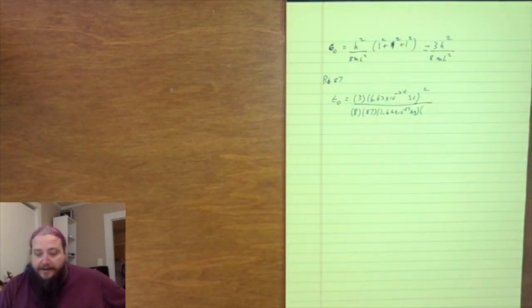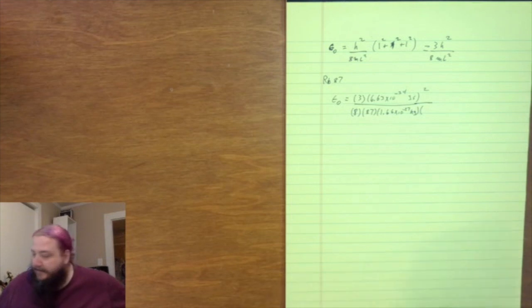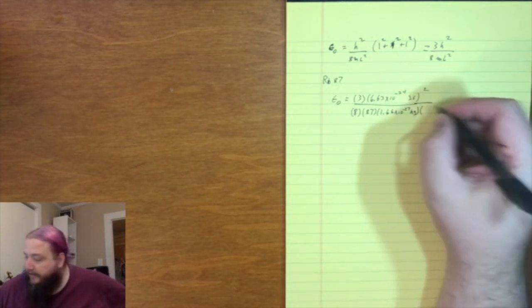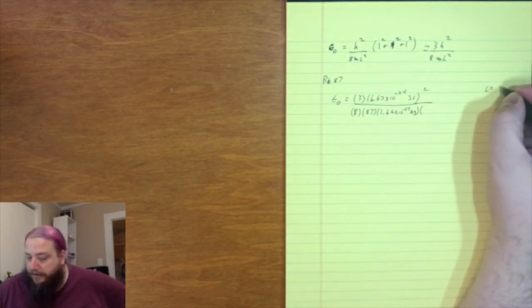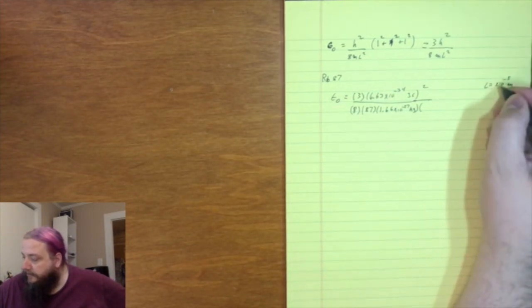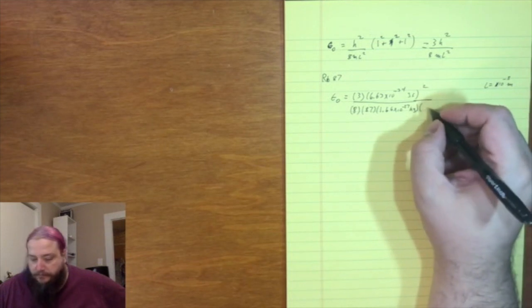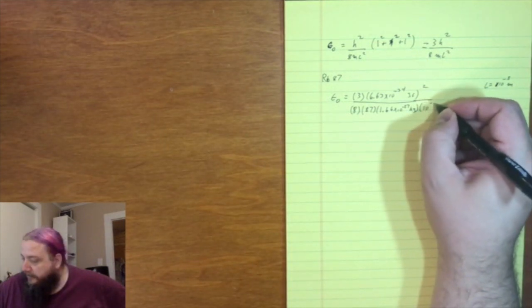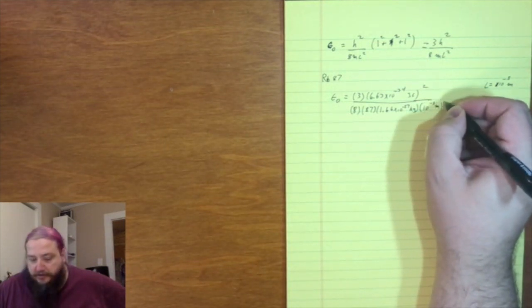And in this case, the box is a cube with an L of 10^-5 meters. So this is 10^-5 meters squared.